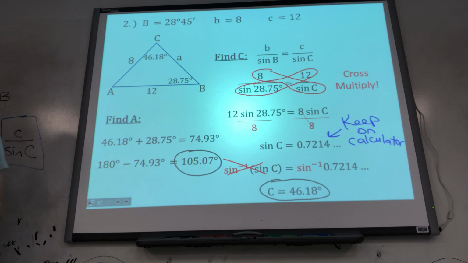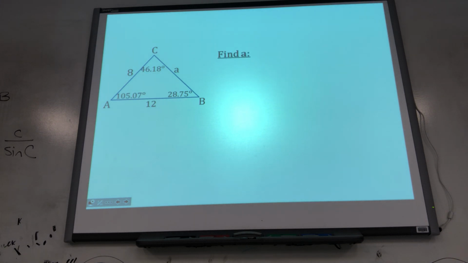Not bad. Now, what's the only other variable that we don't know? Little a, so it's a side, which means I have to use my law of sines somehow to figure out what little a is. I'm going to go ahead and do this on the next slide. Little a is what I'm trying to find, so I know I have to use that part of my formula.